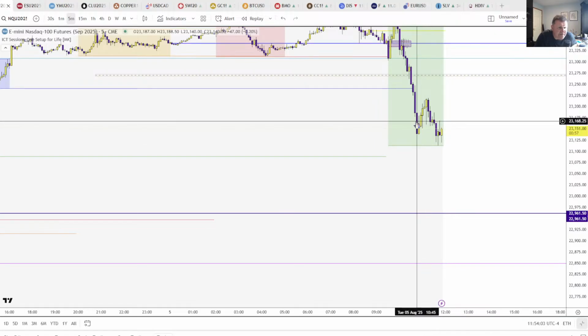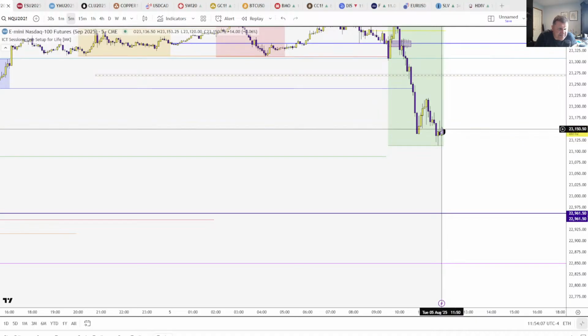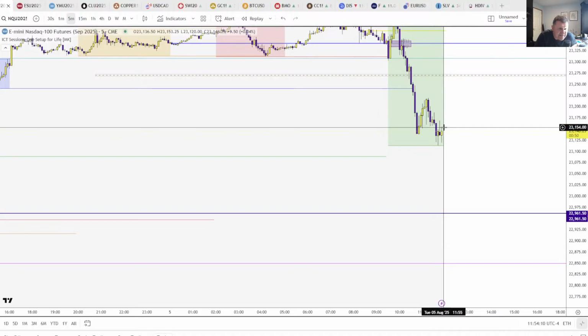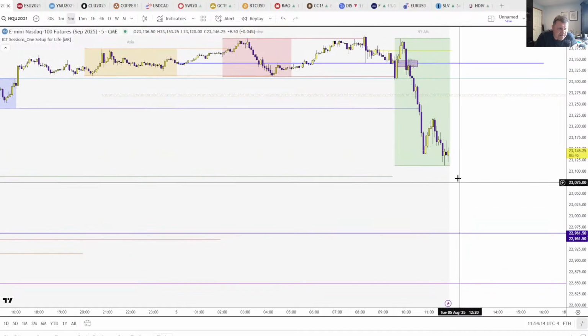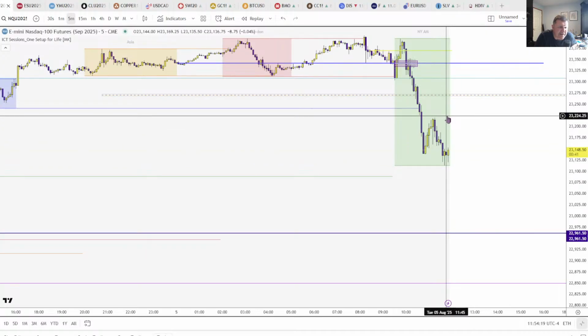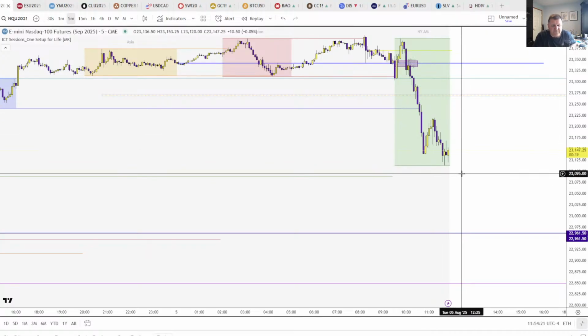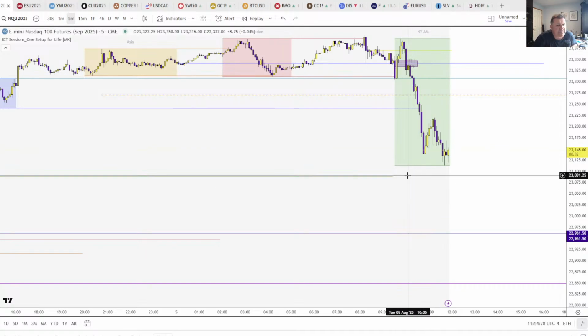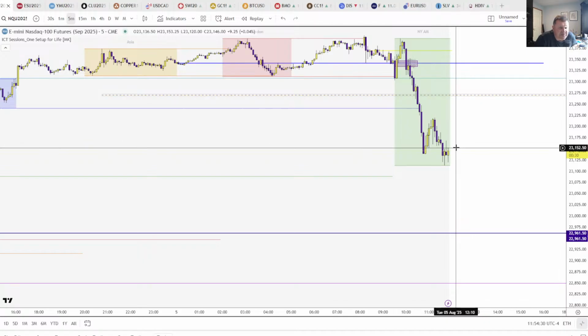That right there, mean threshold, you do not want to see it start eating through that again. This wick right there, stop. You do not want to see it go up higher than that. It's got to keep coming lower. Otherwise, you could get one of those quick runs back up through here. That's got to stop right there. 153. No, don't go back up.